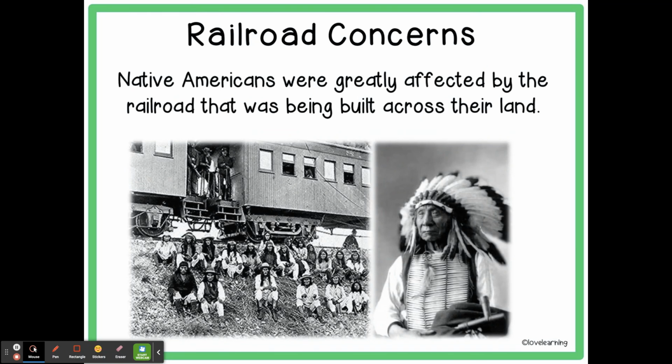This is important to understand because when we talked earlier, we understood that Native Americans were already here when this land was being explored and people were moving out west. They were already rooted there with their families and their tribe, and their culture was there. And so this railroad was about to go right through a lot of their territory.